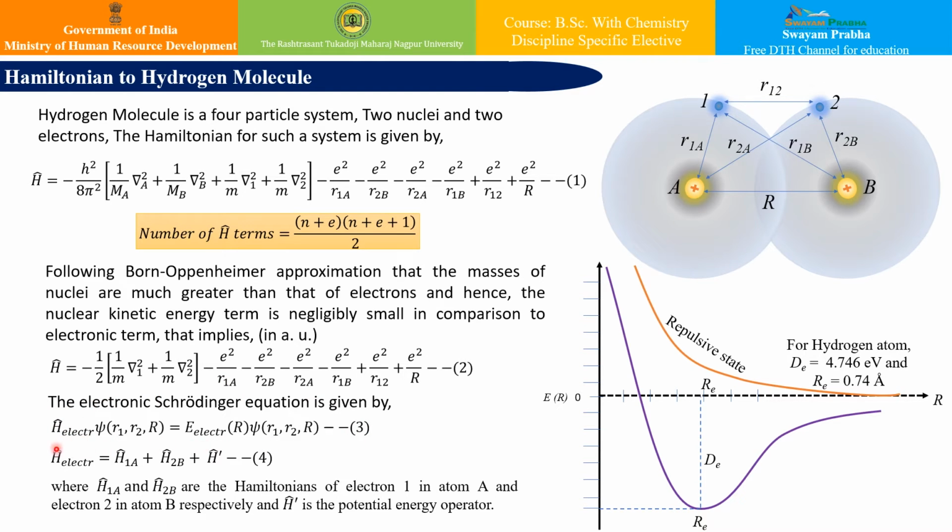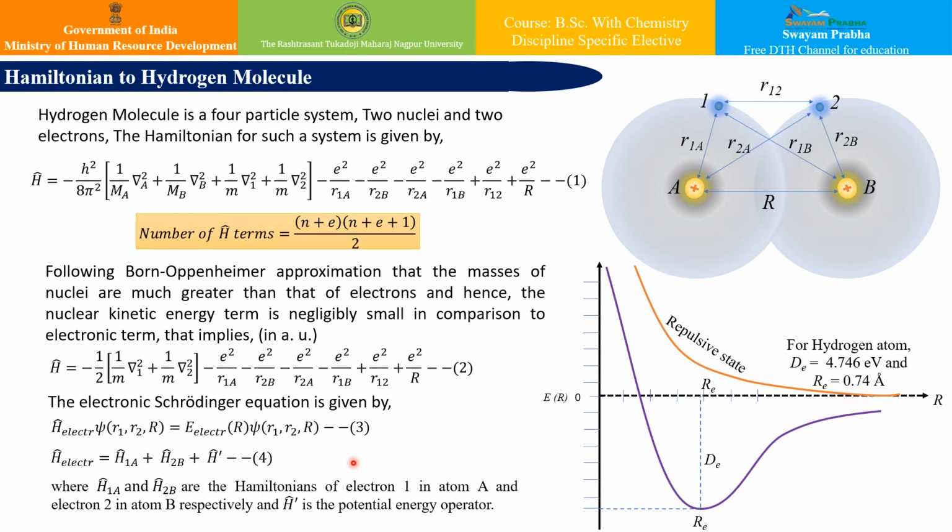However, this Hamiltonian of the electronic part comprises three parts, that is H cap 1a plus H cap 2b plus this H prime, where H cap 1a and H cap 2b are the Hamiltonians of electron 1 in atom A and electron 2 in atom B respectively, that is, the respective electrons with their atom itself, and this H prime is the potential energy operator.